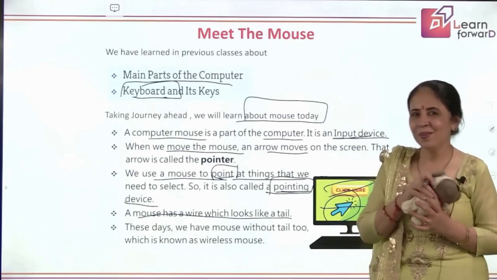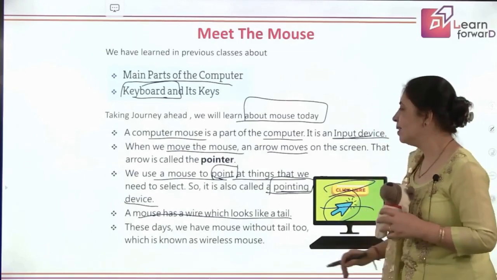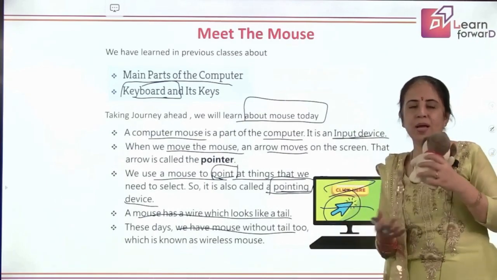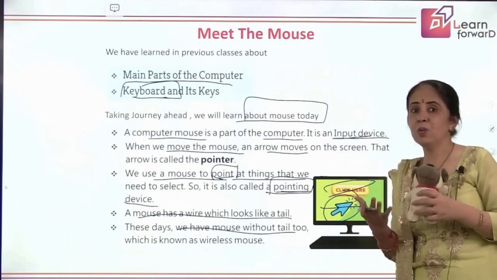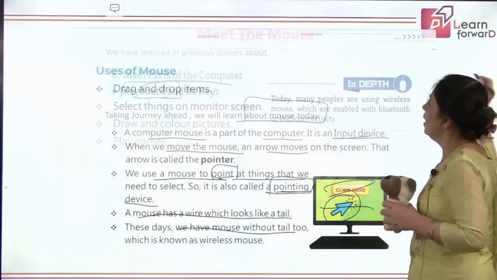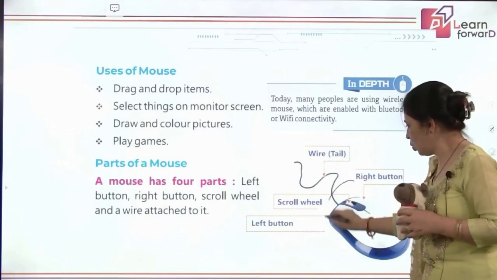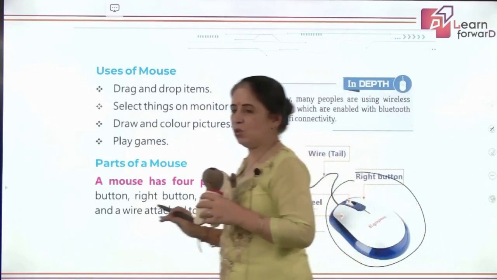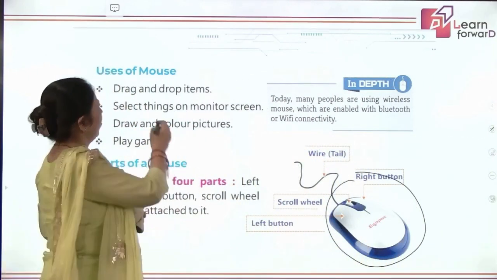Okay, good. And now you know, these days we even have a mouse without wire. They are called wireless mouse, so they don't have tails with them, right? Now children, this is your mouse. Look it very carefully, and I am going to tell you different parts of the mouse.